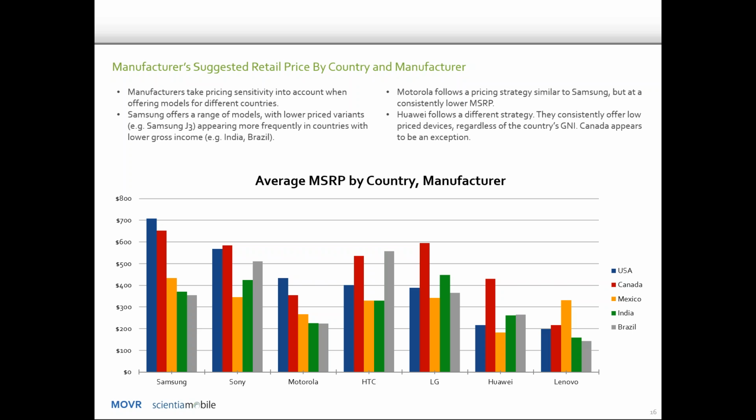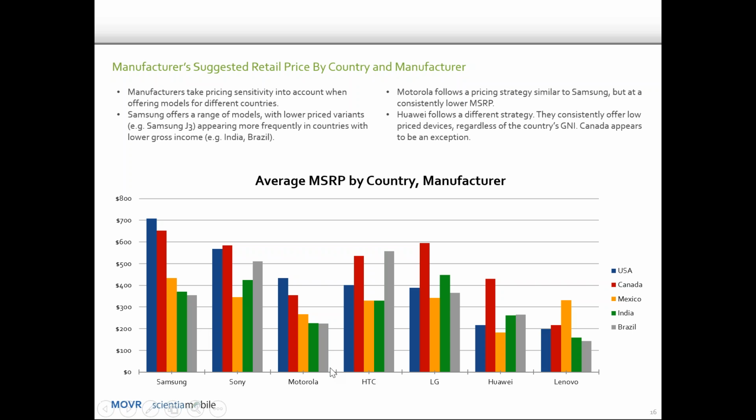So this is typically the Samsung, well, I guess the S7 these days. But when you get into countries like Mexico, India, or Brazil, the average price point is much lower, and they have devices like the Samsung J3 that are more tailored and priced appropriately for those sort of markets.